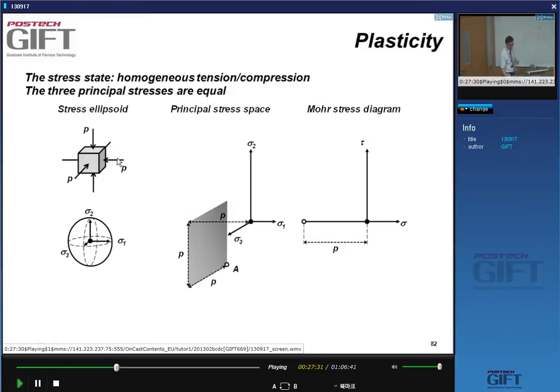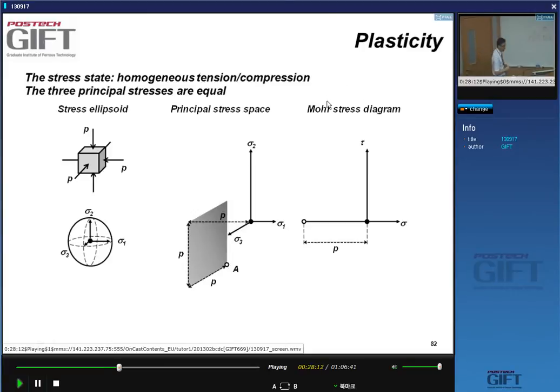So we know that the principal stresses are equal. So our ellipsoid becomes a sphere. In the stress space, my stress condition has a negative value, equal to minus P, along sigma 1, along sigma 2, and along sigma 3. So that's point A. Basically, that is the stress condition in principal stress space.